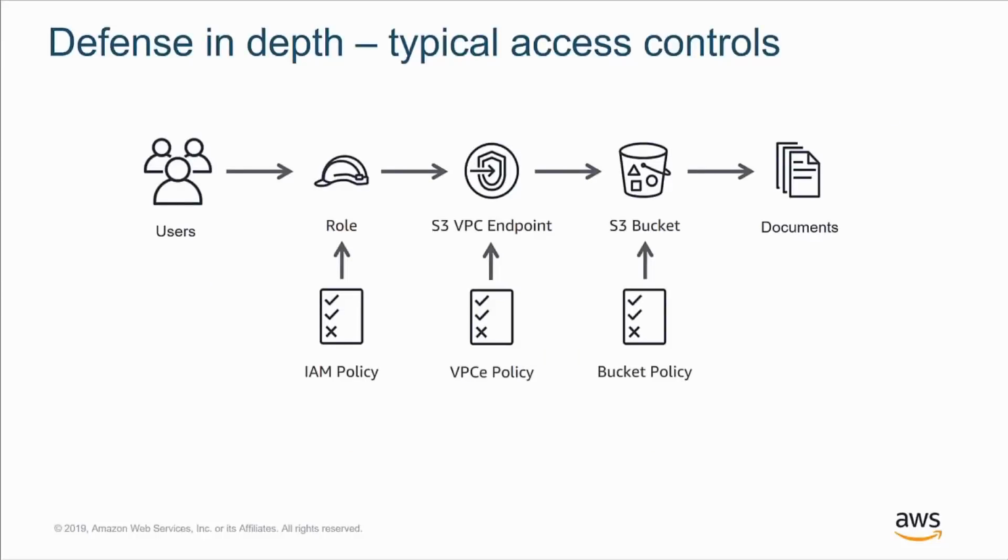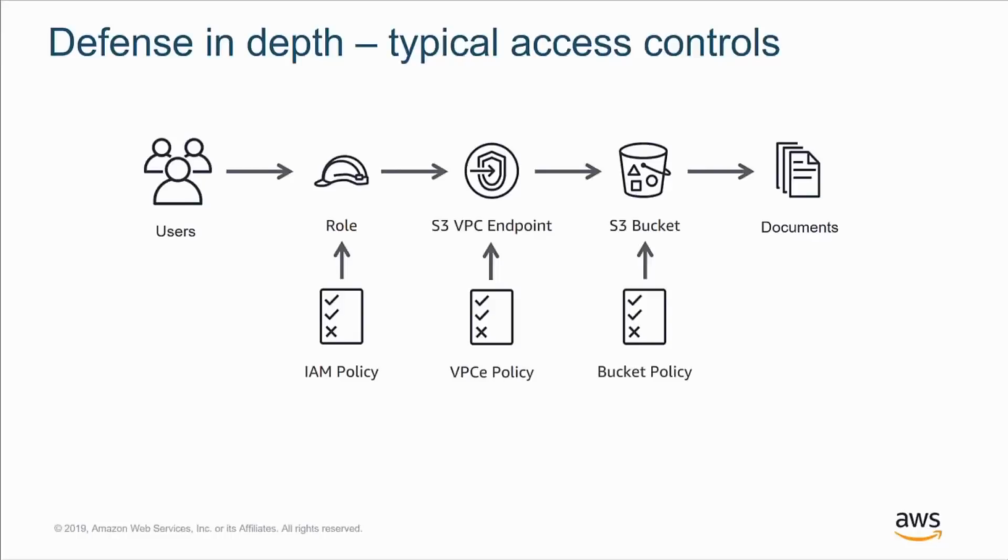Whenever we think about encryption, of course, we've got to think about what other data protection and access controls are already in place. Within AWS, we have a very rich mechanism through the use of various policies to create a strong defense in depth strategy. So different policies, whether it's a role-based policy or a resource-based policy, in the case of this diagram, a policy attached to an S3 bucket, or whether it's a VPC endpoint policy where we're defining rules and accessibility depending on the nature of how a request can be made.